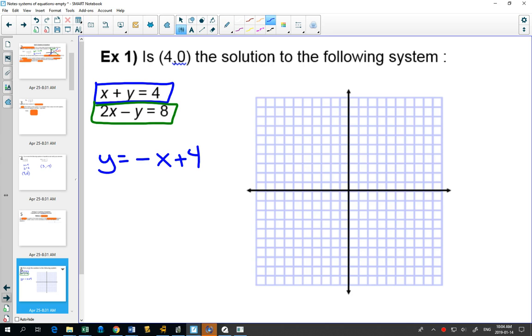And negative x plus 4 would have a y-intercept of 4 and a slope of negative 1. When you have the slope, right, our slope is negative 1, which I can write as a fraction, negative 1 over 1. That means a rise of negative 1, a run of 1, down 1 over 1. The other thing you should know about your slopes is when you have a negative slope, it's going down from left to right.